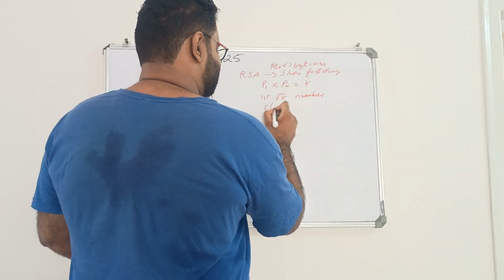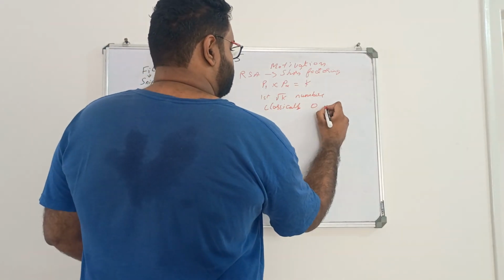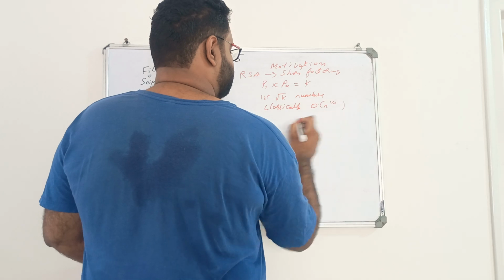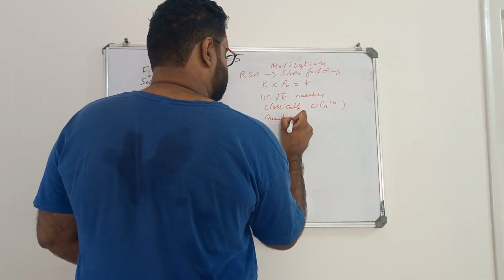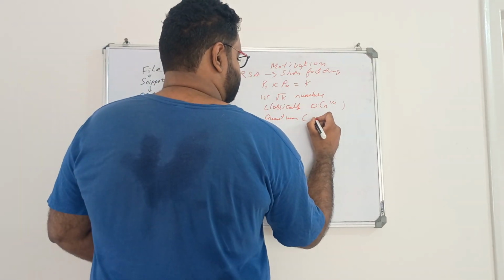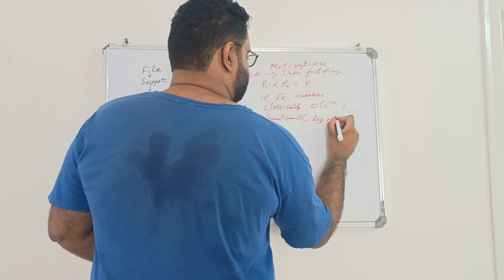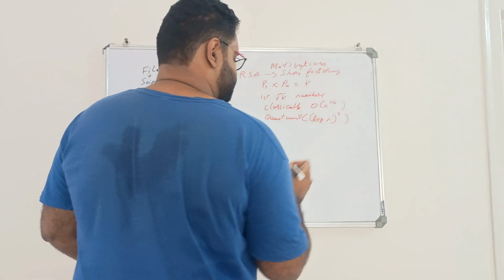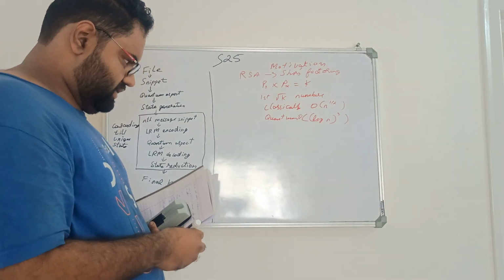Classically this is O of 10 to the power half, and for quantum, of course, it is order of log n whole cube. This is quite a bit of improvement.